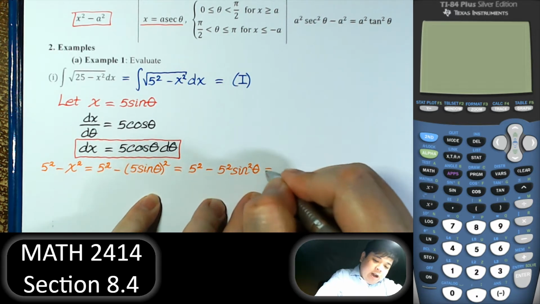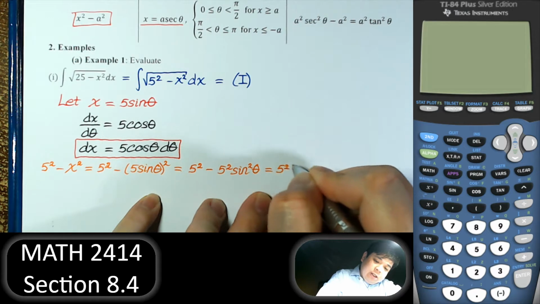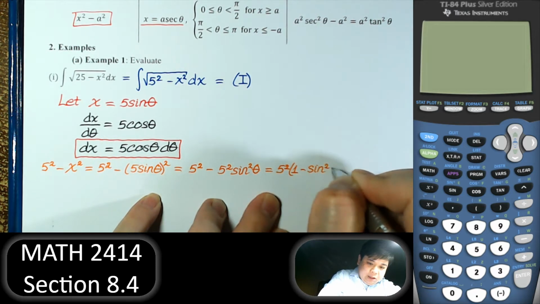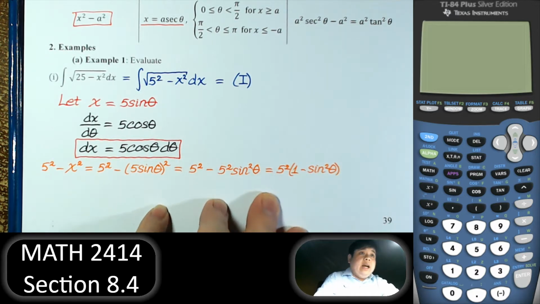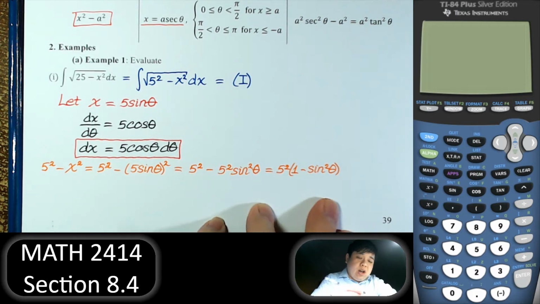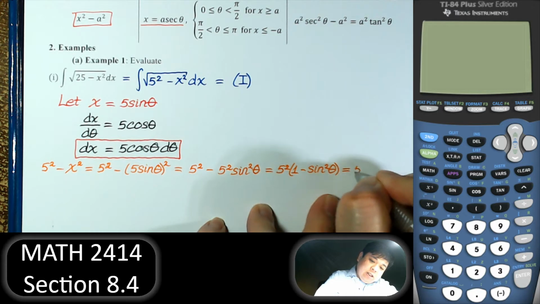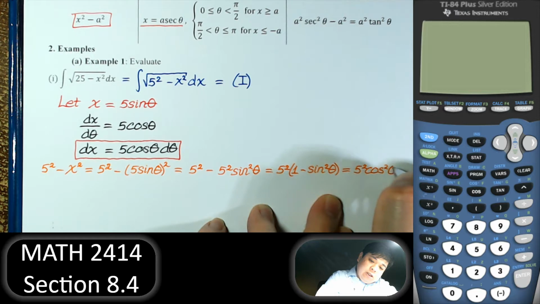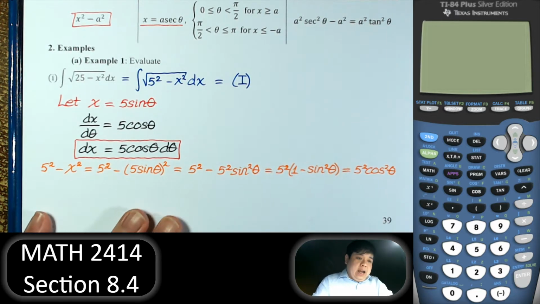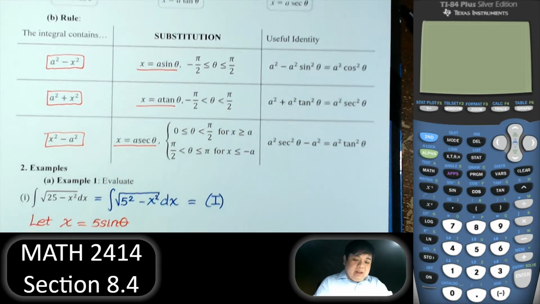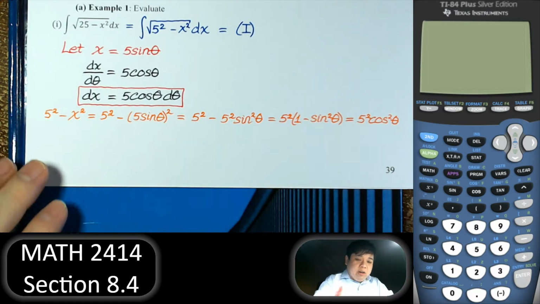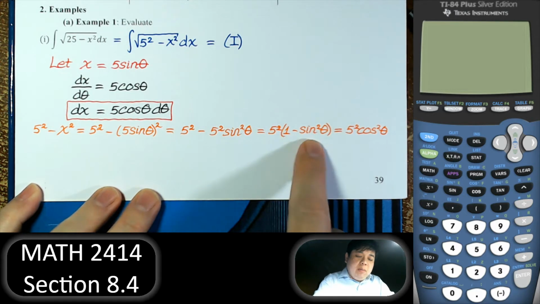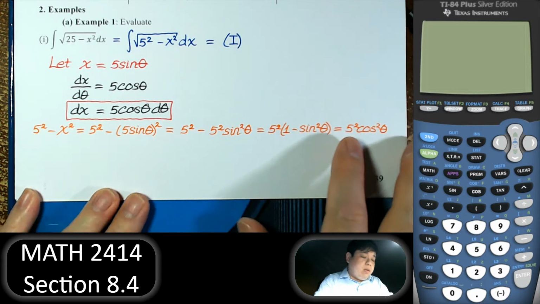Right. Factor out the 5 squared, and 1 minus sine squared is cosine squared. And of course, that's exactly what we have here, but I just wrote a few more details. 1 minus sine squared is cosine squared, because sine squared plus cosine squared is 1.